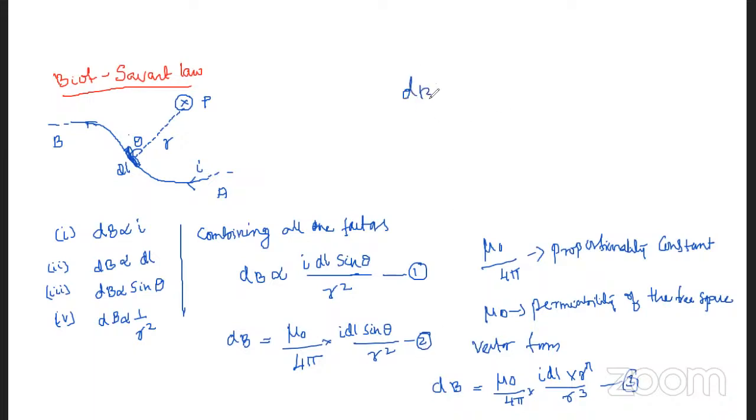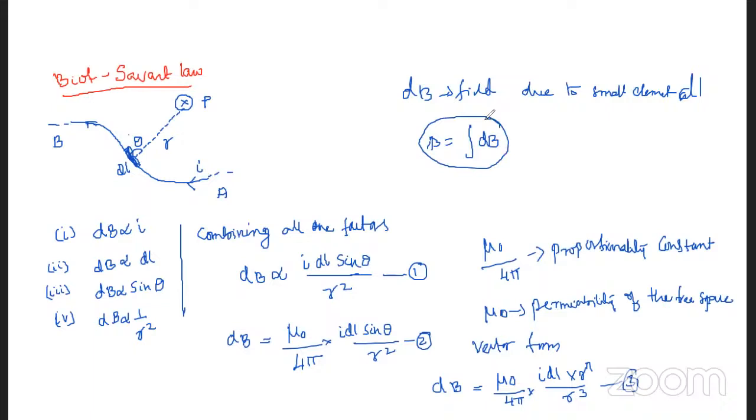Suppose you want to calculate the magnetic field due to the entire current carrying conductor at that point P. Then simply, B is equal to the integration of dB.